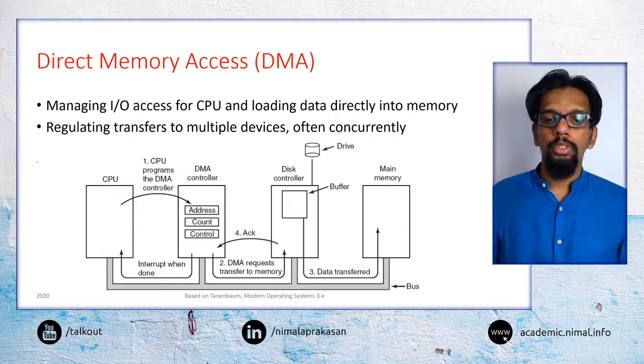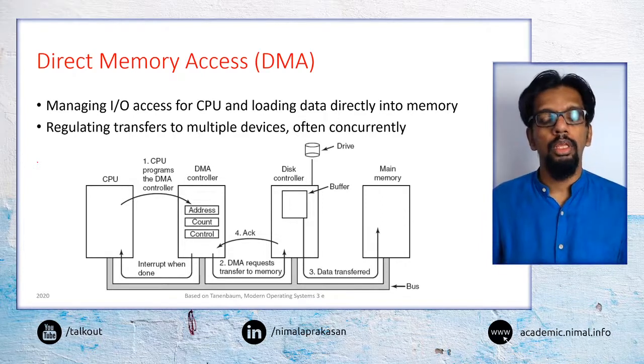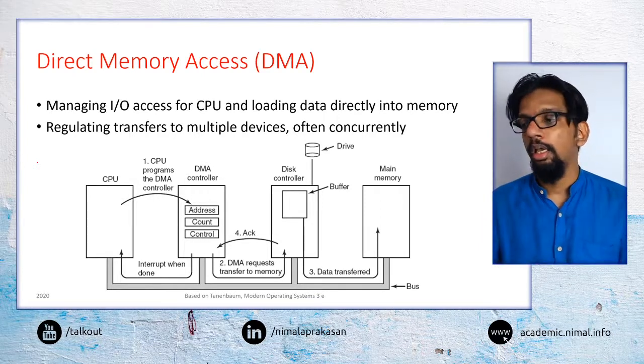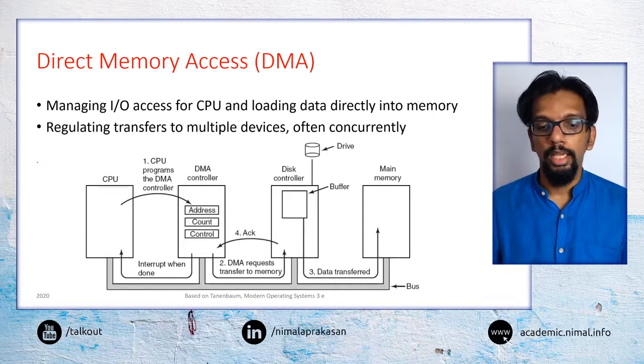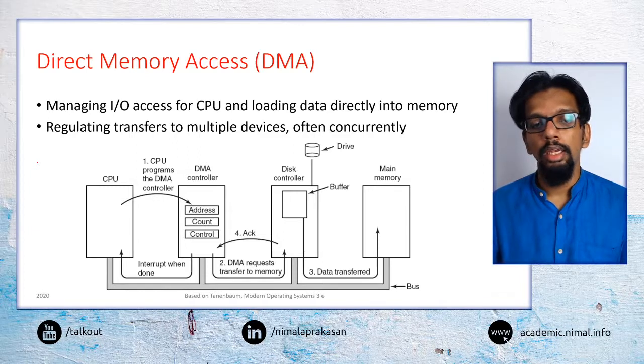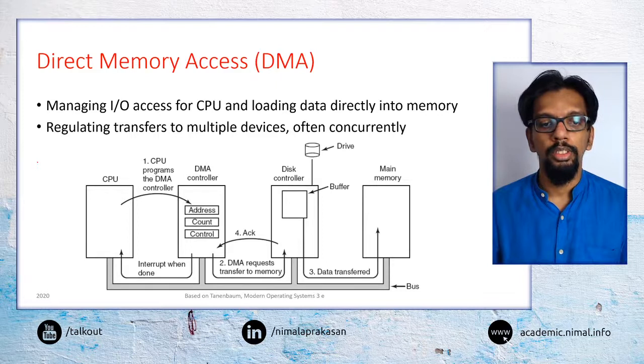Then another approach that we have for accessing input output devices is what is called direct memory access. Here again we use direct memory access for a number of reasons.